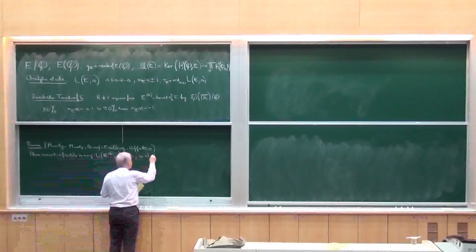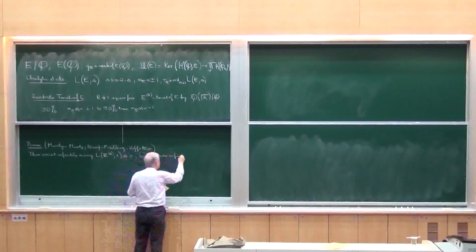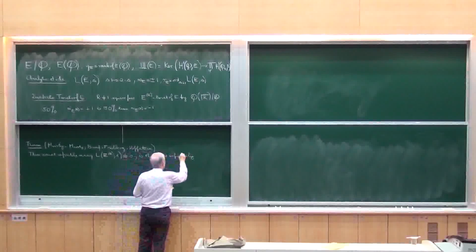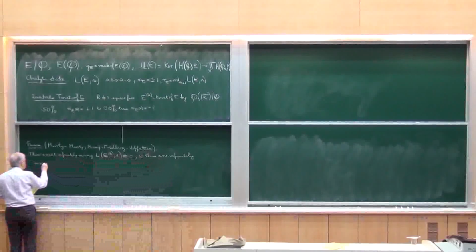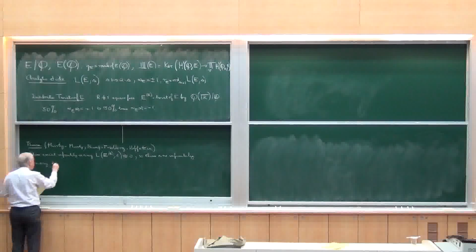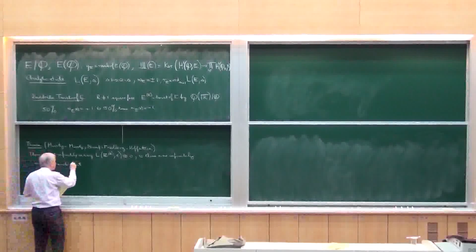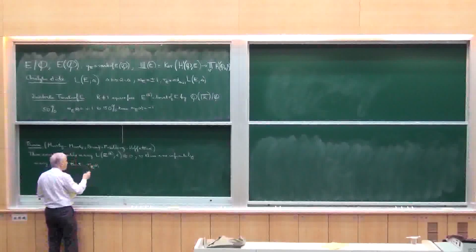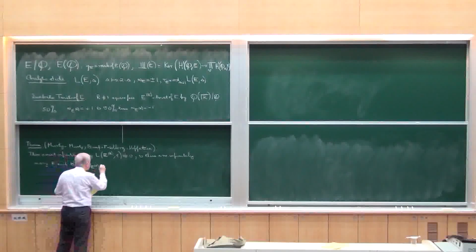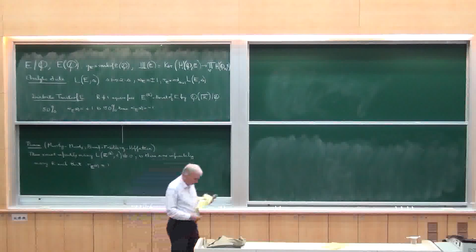are infinitely many R such that in fact the order of the zero of the L series L(E_R, s) is equal to 1. That there is a simple zero at s equals 1.